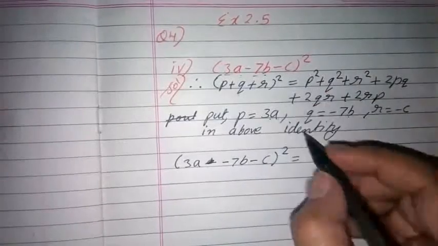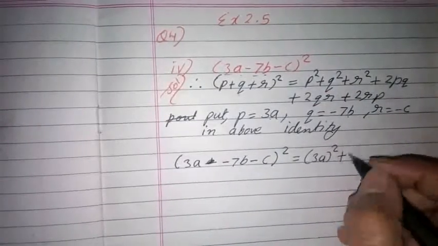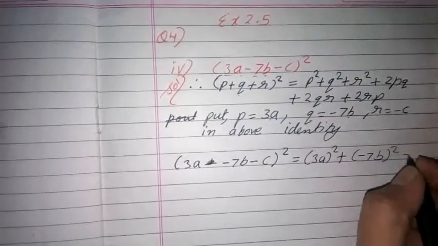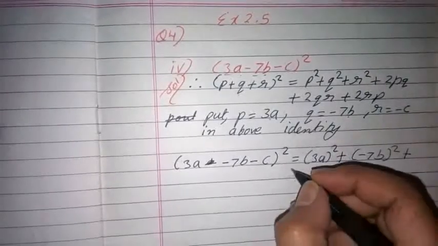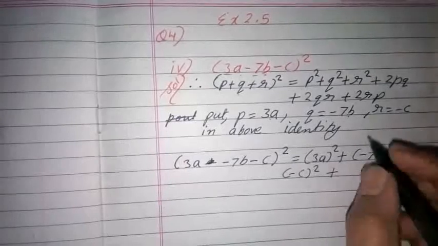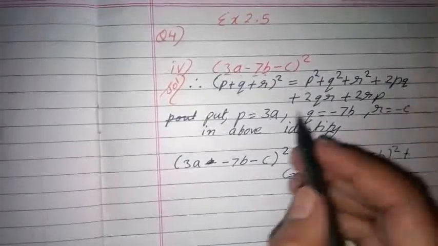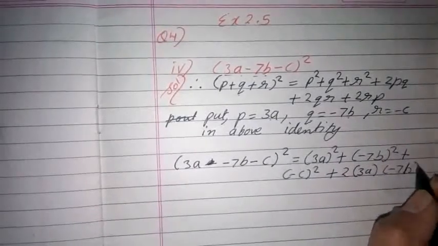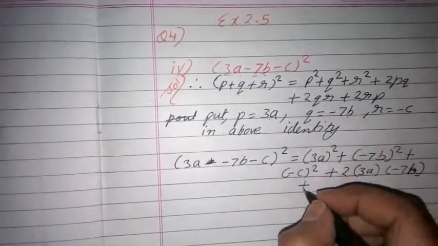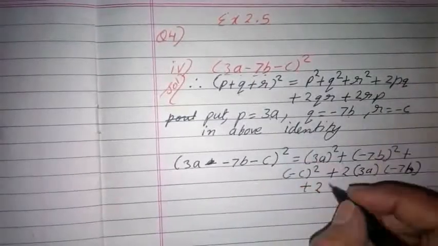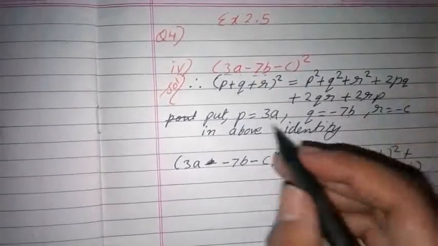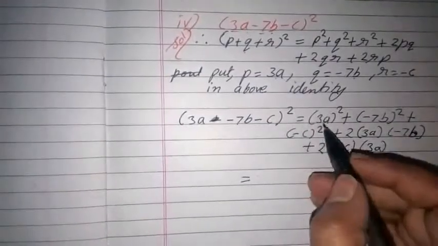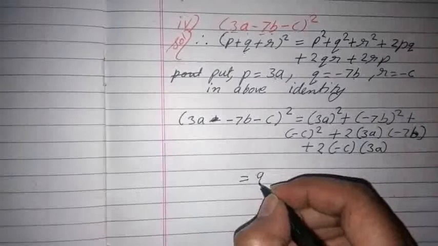Square of p means the whole square of 3a, plus q square means the whole square of minus 7b, plus r square, where r is minus c, so the whole square of minus c, plus 2 into the value of p which is 3a and the value of q which is minus 7b, plus 2 into the value of r which is minus c and the value of p which is 3a.